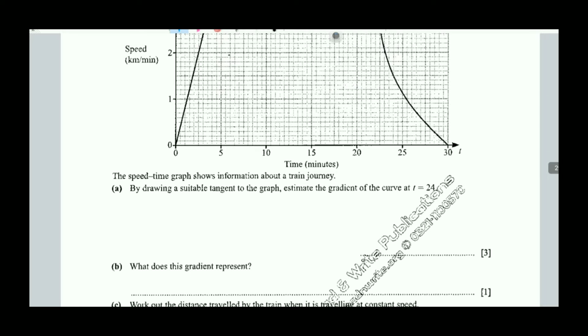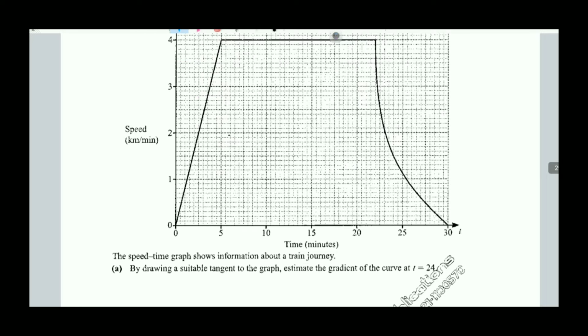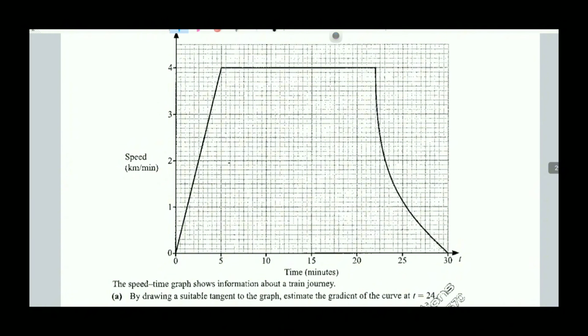By drawing a suitable tangent to the graph, estimate the gradient of the curve at t is equal to 24. T is equal to 24 is somewhere here, this is 22.5.